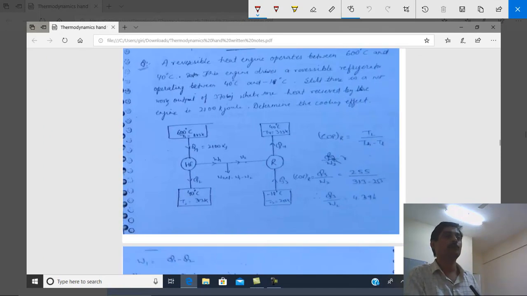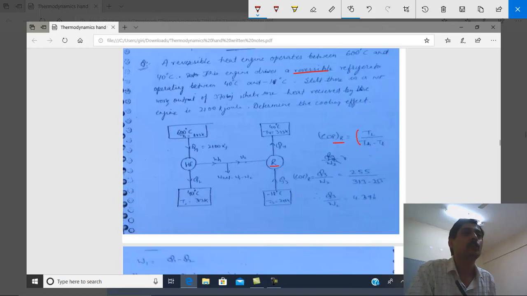First of all, we know that this refrigerator is a reversible refrigerator, and the COP of a reversible refrigerator is equal to the lower temperature divided by the higher temperature minus the lower temperature.